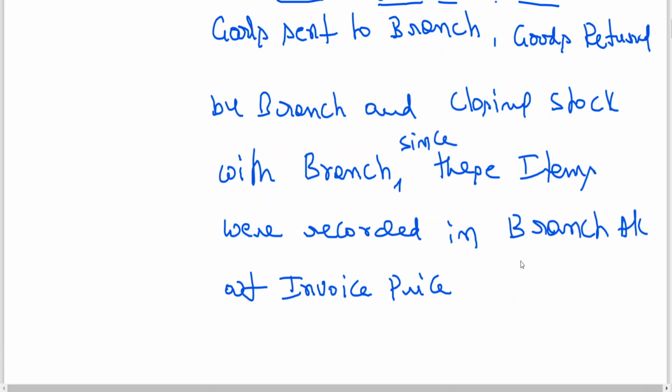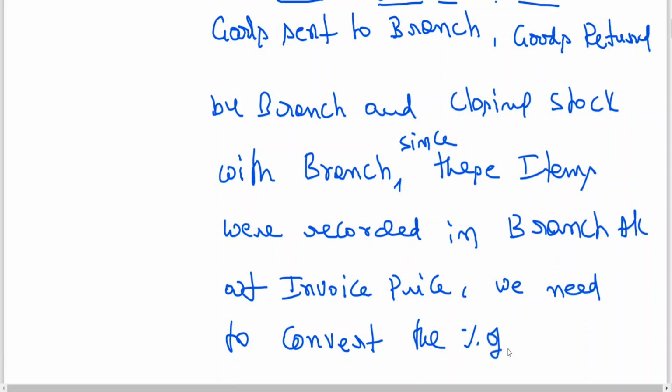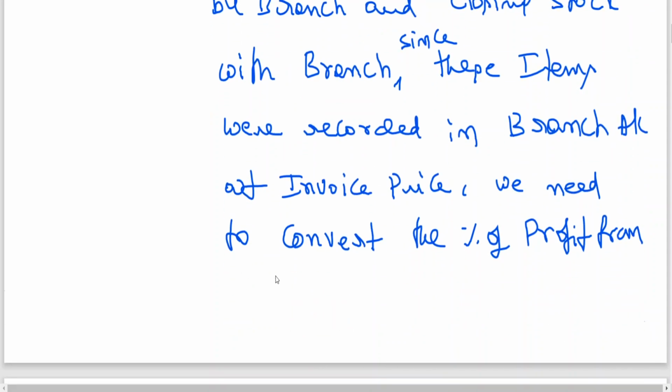Since these items are recorded in branch account at invoice price, we need to convert the percentage of profit from cost price to invoice price.